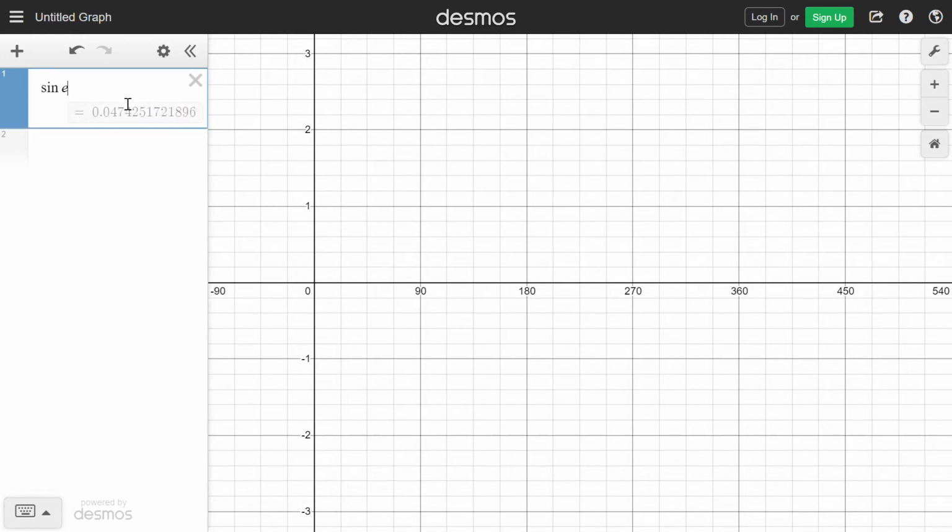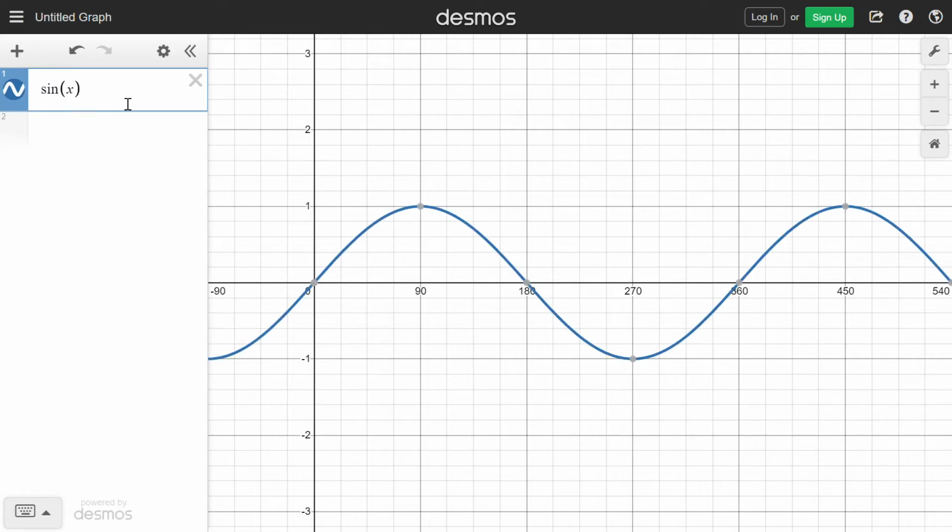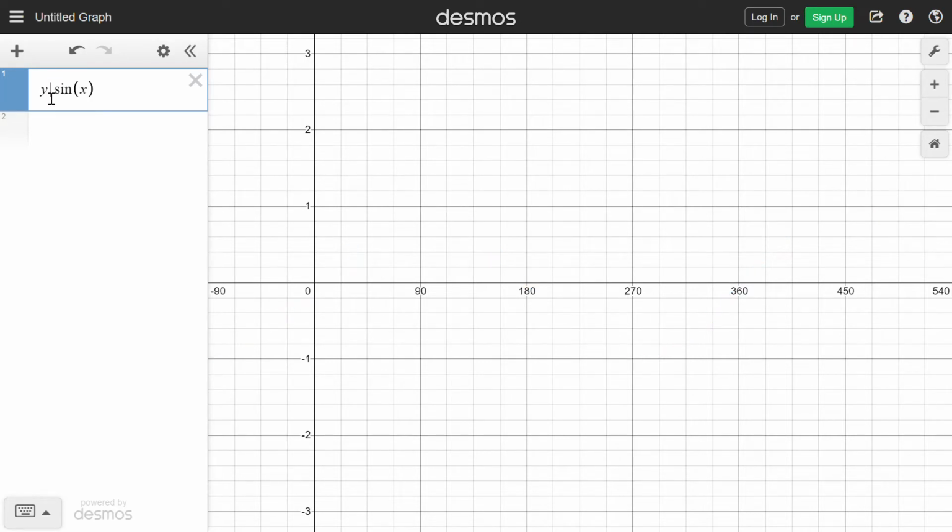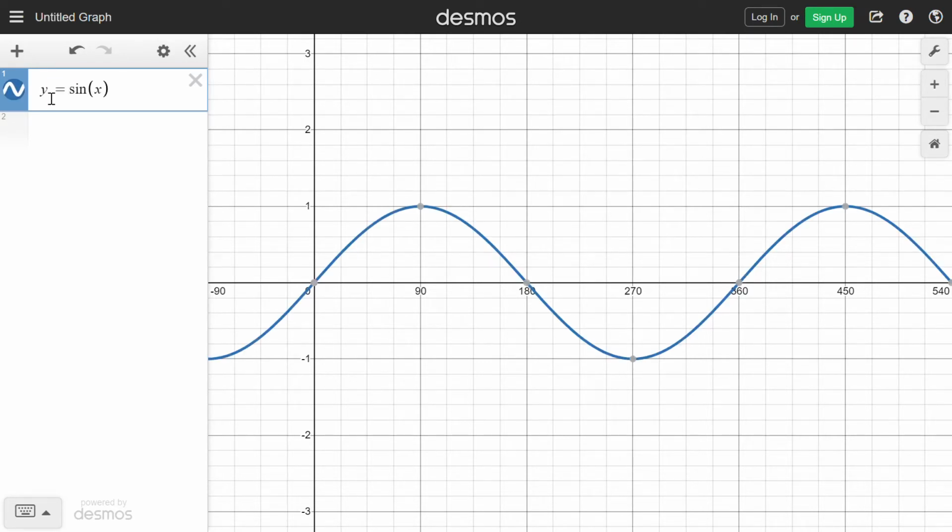Now sine we spell S-I-N-E, but when we're using it on our calculator, like you'll have experienced when you do the sine rule, we just type in S-I-N. Now, this is a function of x, and what that means is that if you plug in an x, you will get a y.